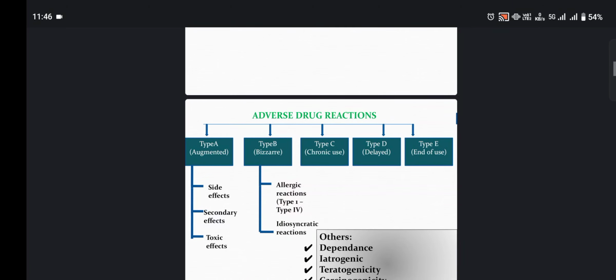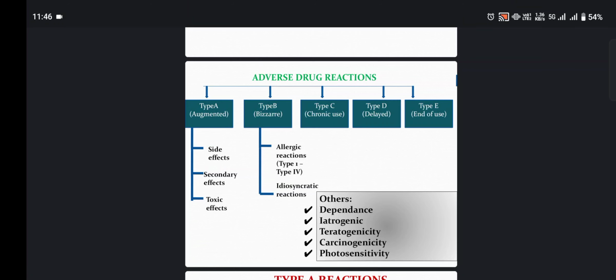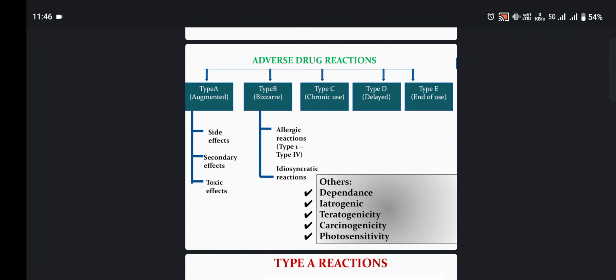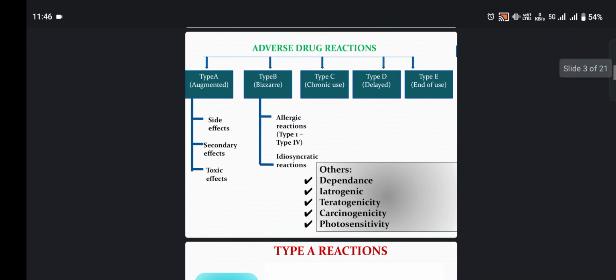So we learned what an adverse drug reaction is. Next comes the classification of ADRs. There are five types. Type A is augmented, type B is bizarre, the third one is chronic use, the fourth one is delayed, and the fifth one is end of use.